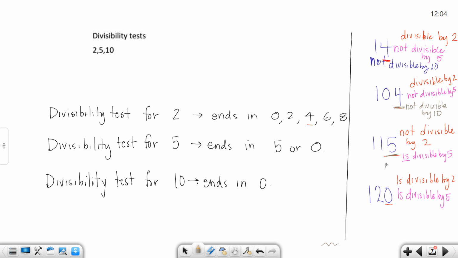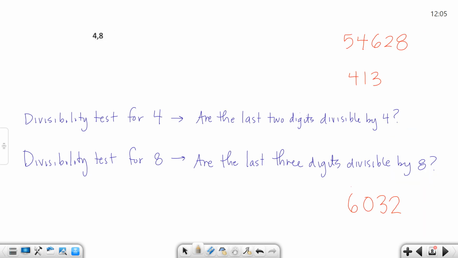This one ends in a 5, so it is not divisible by 10. So they're really easy to tell. It just ends on this back number right here. This one ends in a 0, so it is divisible by 10. Those are your rules for 2 and 5 and 10. The way that you tell those is just the ending number. So that's how those would look.